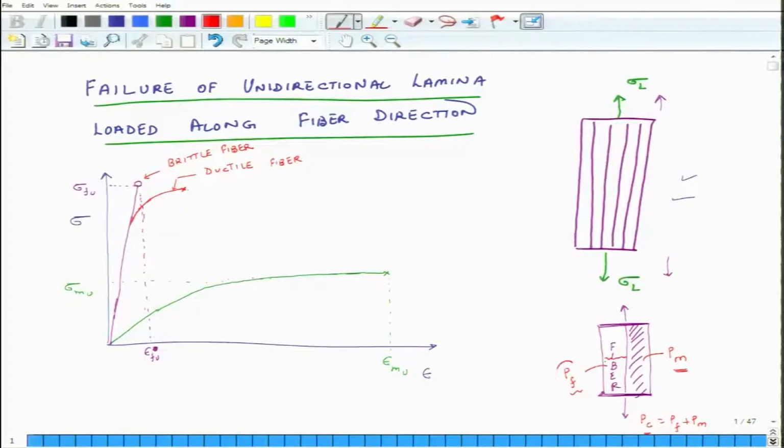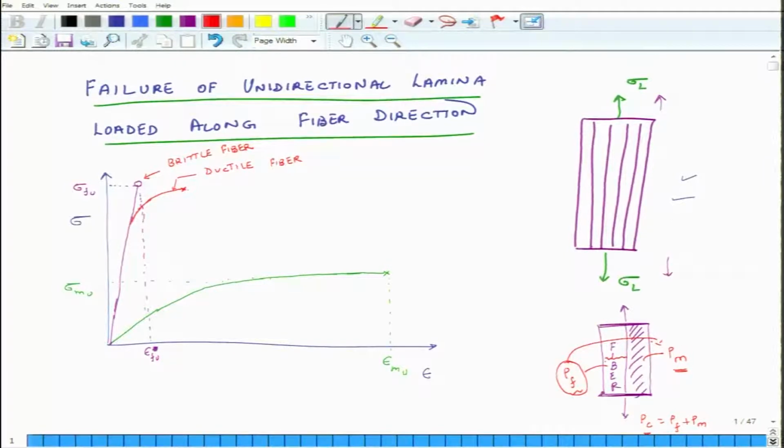If the amount of fiber in the material is reasonably large, and we will find the meaning of that term reasonably large, then what will happen? The magnitude of Pf will be significantly large, and all this load gets transferred to the matrix.